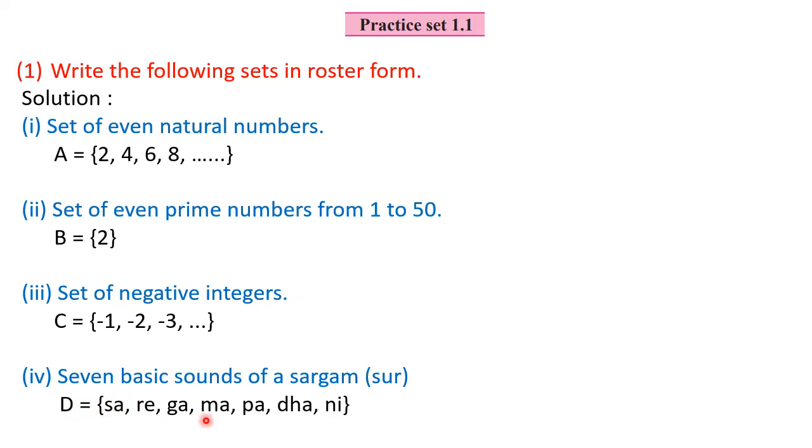So these are 7 basic sounds, or we say that these are 7 sur. Okay. So you have to write them as the elements of the set. Take proper care while writing the set, that you have to use the capital letter, then write the equal to sign, and then in curly brackets you are going to write all the elements separated by comma. This is important.